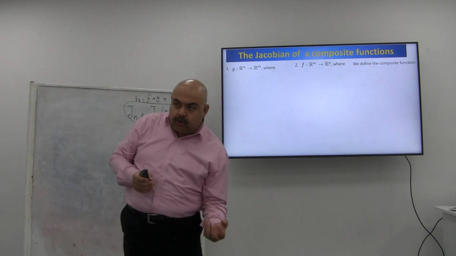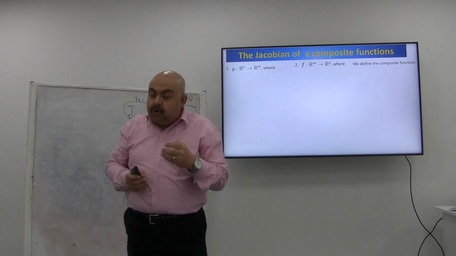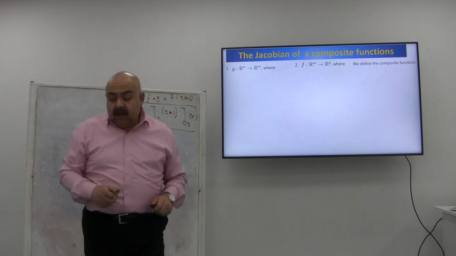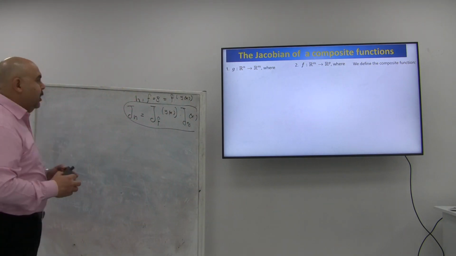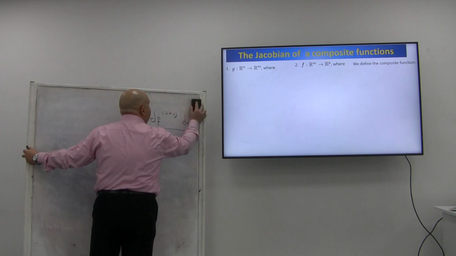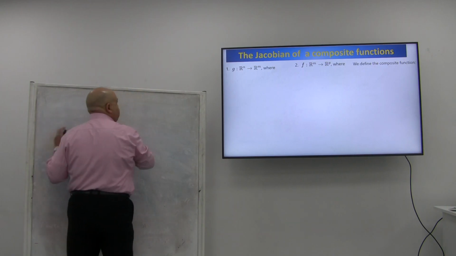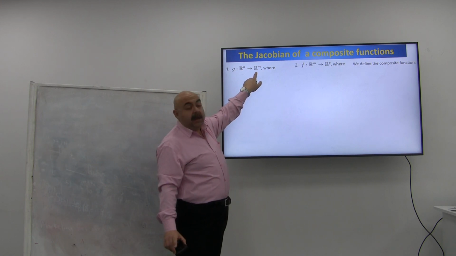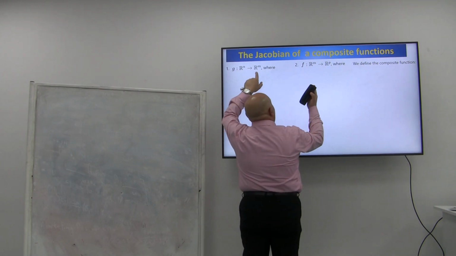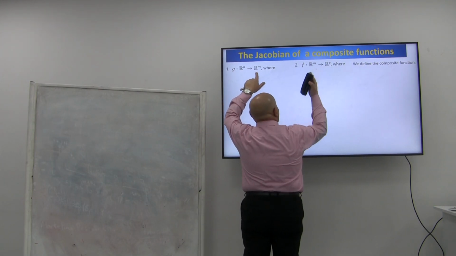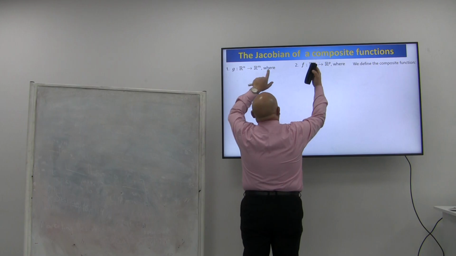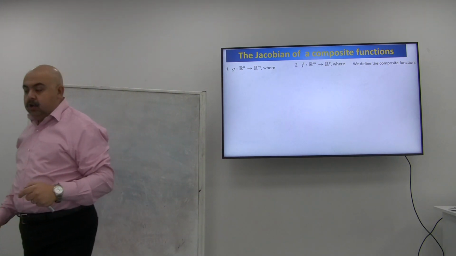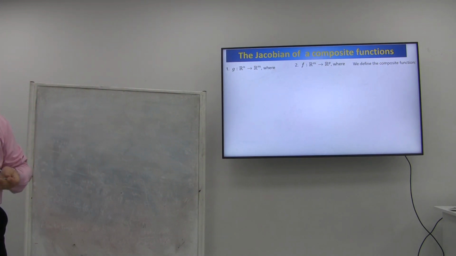So the function that goes inside f should give Rm. So f composite g is workable because g maps elements from Rn, and its output is m. The output of the inner function should be equal to the input of the outer function.